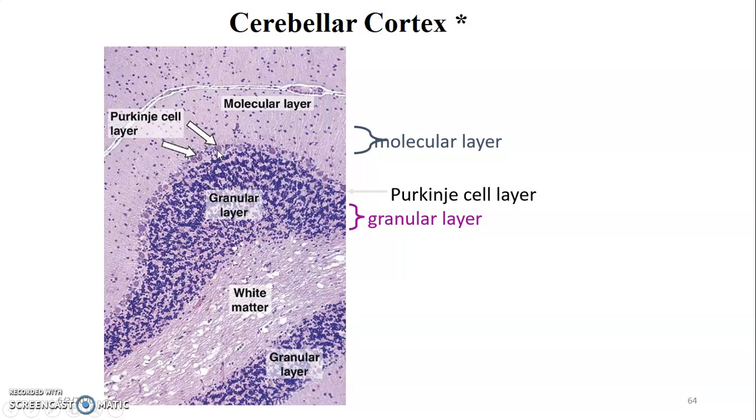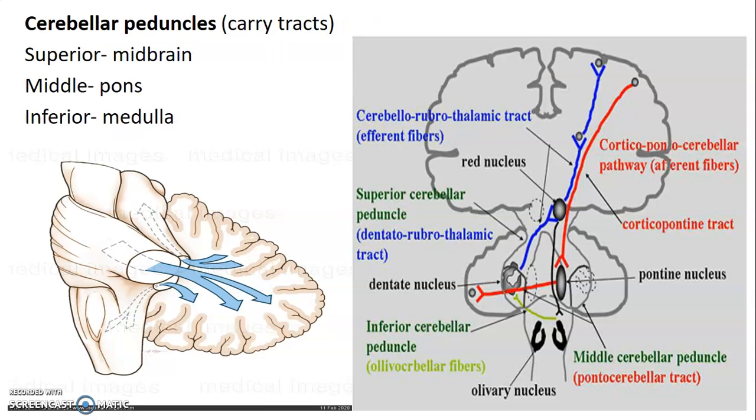They send their dendrites towards the molecular layer and send their axons towards the granular layer. So the cerebellar cortex has 3 layers: outer molecular with basket and stellate cells, Purkinje cell layer, and inner granular with granular cells and Golgi cells.